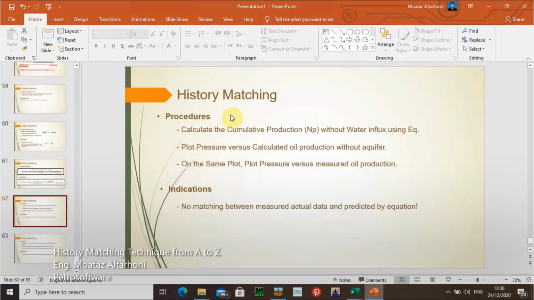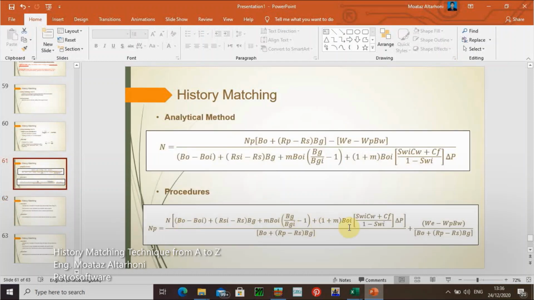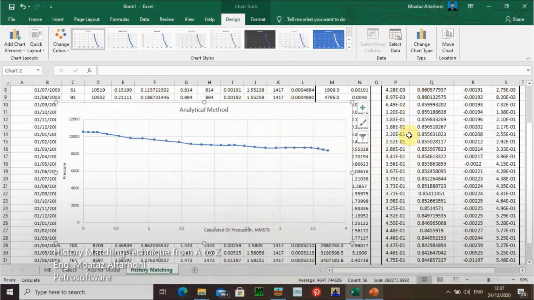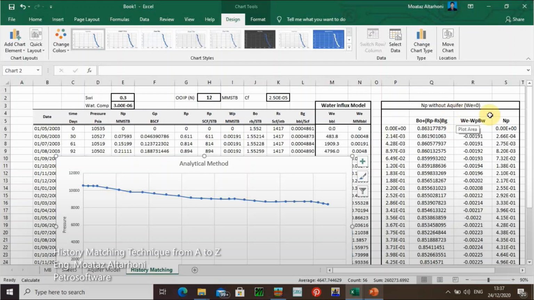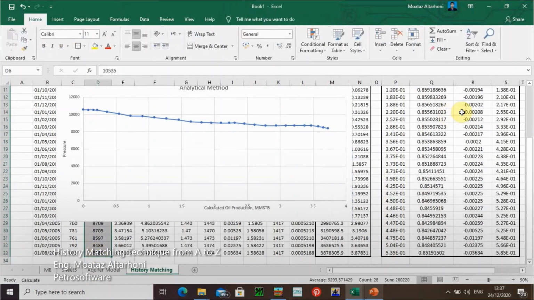So the first step, I am working with the history matching without water influx. Depending on this equation, I will assume no water influx invaded into the reservoir, apply all of these parameters here, and calculate the cumulative oil production. I use this equation and calculate the cumulative oil.